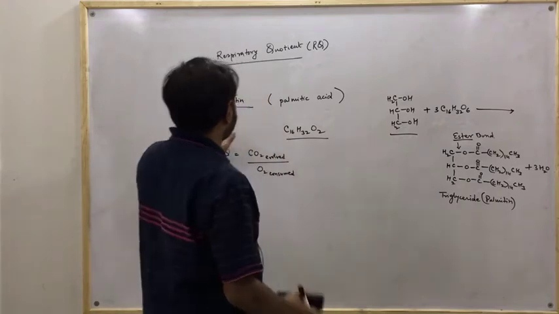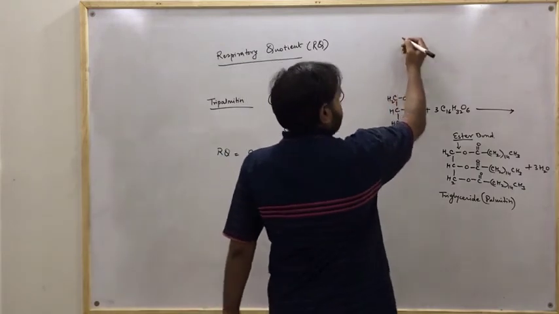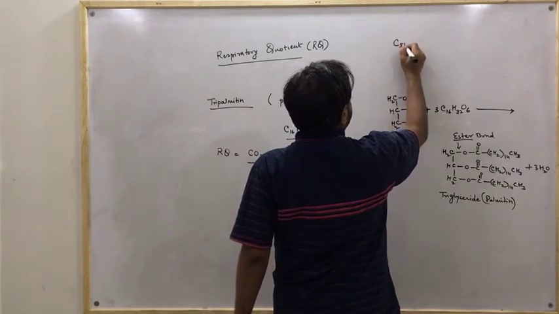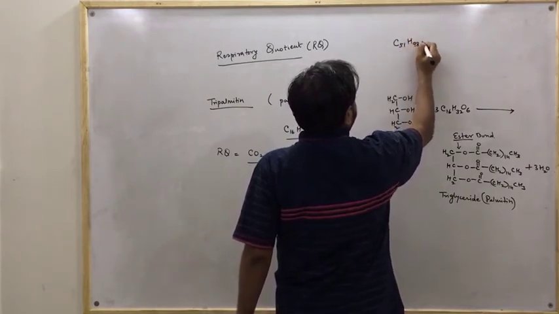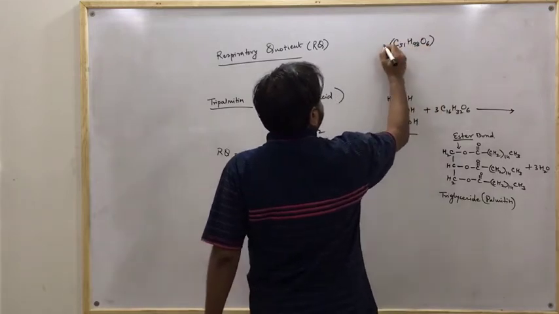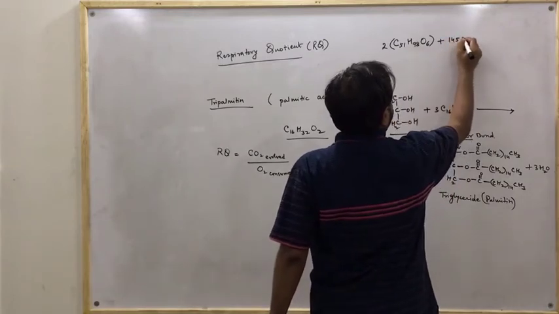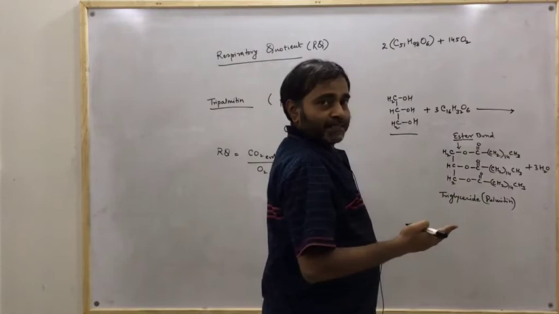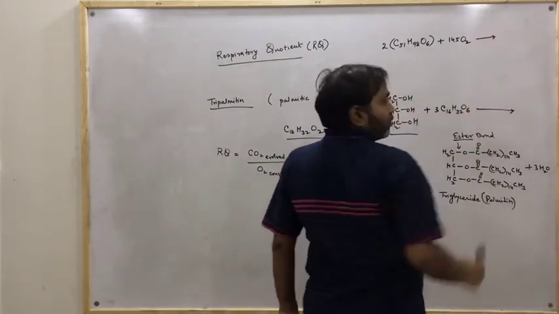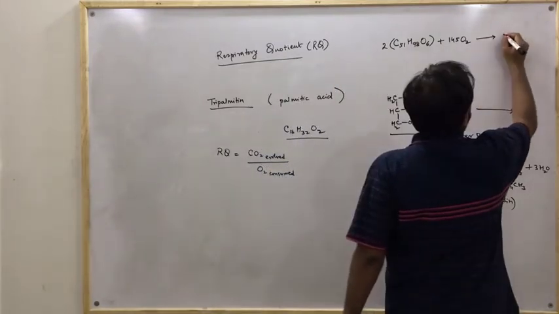Suppose we are taking this tripalmitin. So how will we write the reaction? It will be like this. Here the space is there, so I am writing it over here. It is the well-known reaction, so I am writing with the values also, how many molecules or how much volume of each molecule will be involved in the reaction.